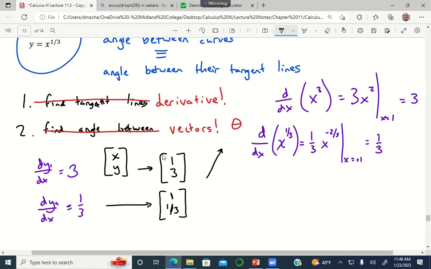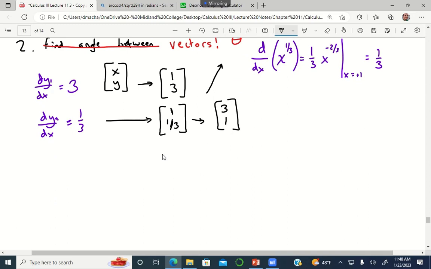This is important: it doesn't really matter what the magnitude of these vectors is. I could have written 3, 1 if I wanted to. That would be fine, because the angle between two vectors does not care what the length of the vectors are.